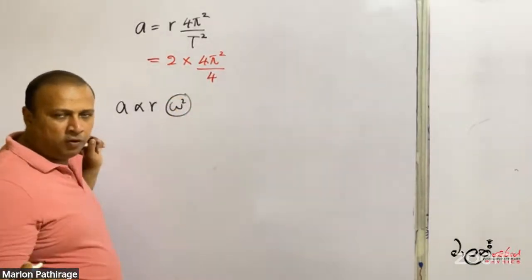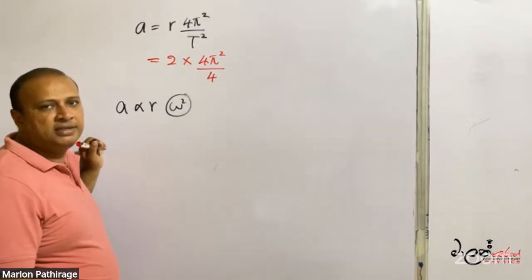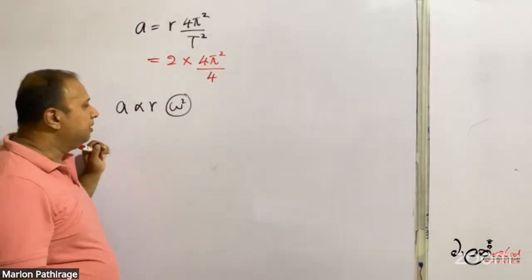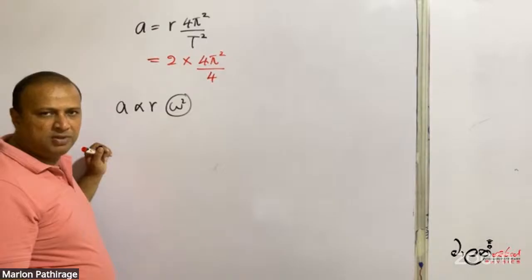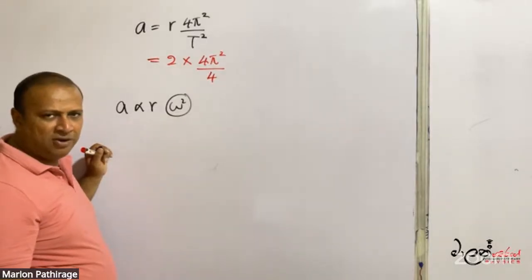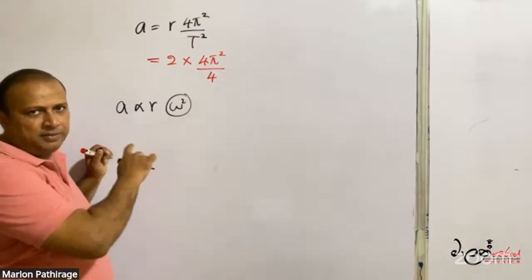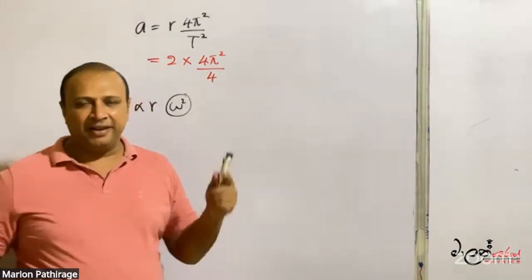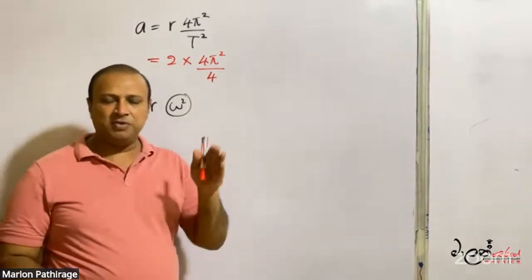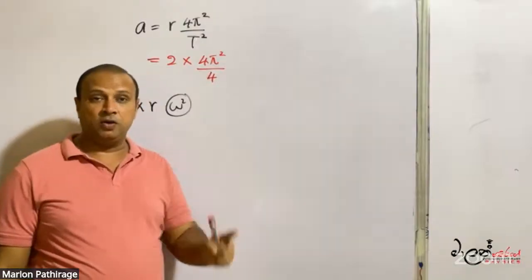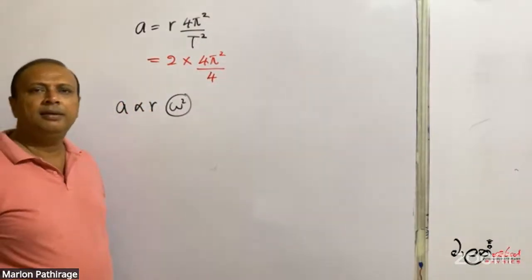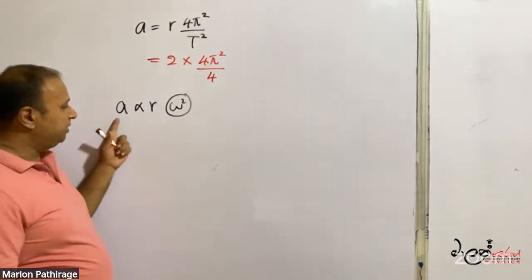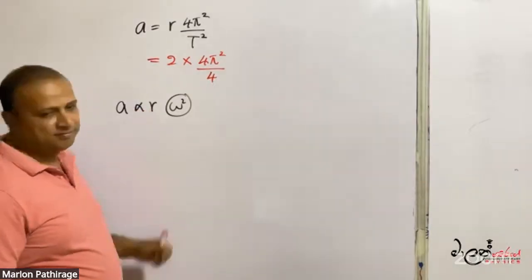As period is a constant, definitely omega is a constant, so no need to worry about omega. Therefore, centripetal acceleration is directly proportional to the radius.